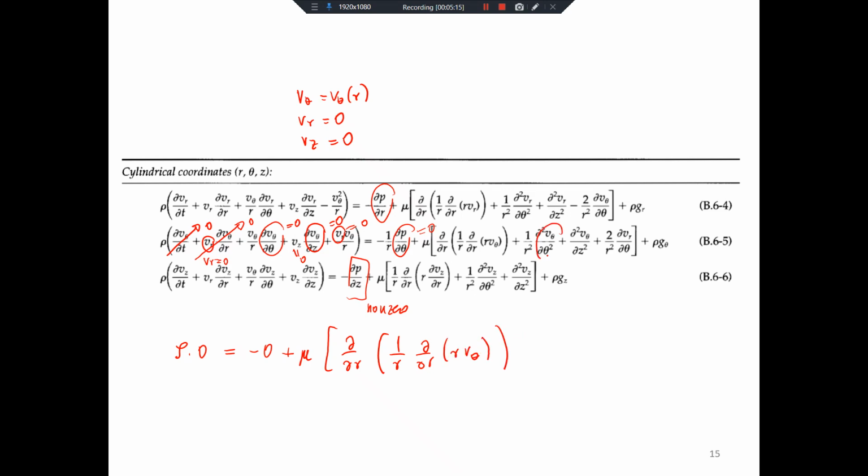And then this is 0, this is 0, and this is 0 because v_r is 0. And I don't have a theta component of g, so this is 0. So this is all that survives. And this is what we worked with today in class. So this is B6.5 after canceling terms.